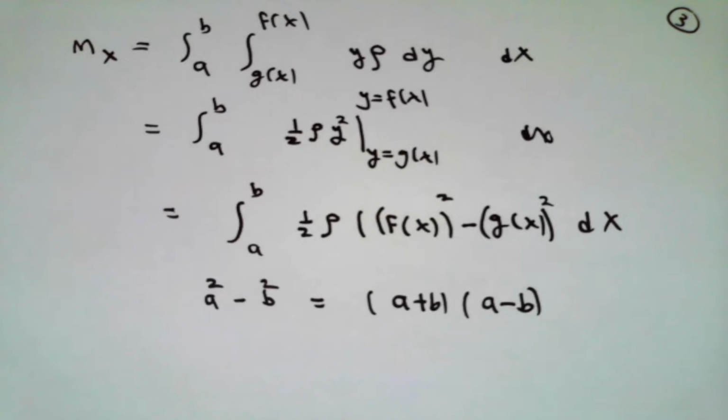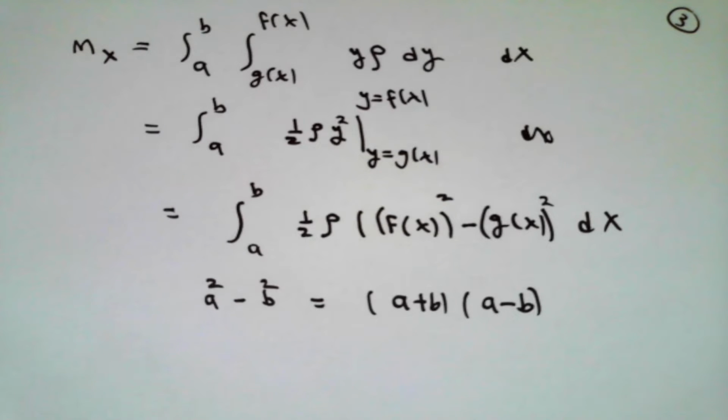but I can make this look more like the other ones if I remember that the quantity a squared minus b squared is a plus b times a minus b. Those a's and b's are just generic formula, not the limits of integration.